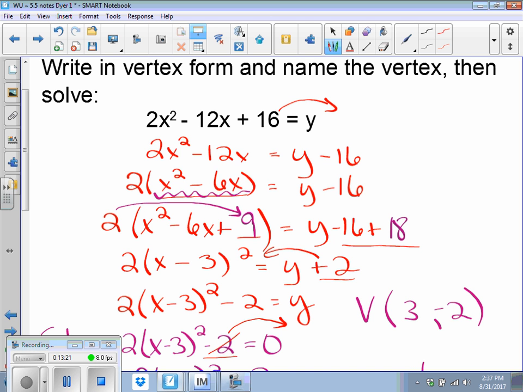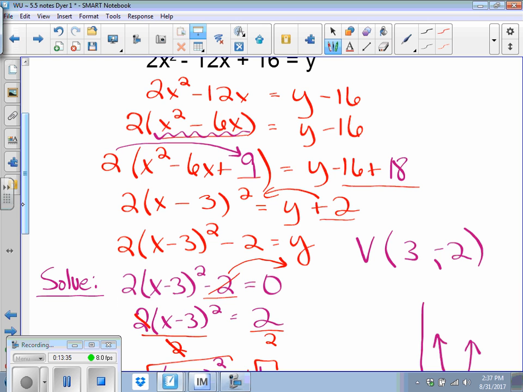So you'll put plus blank, and then on the other side, that doesn't change. Take half of b and square it, add it there. So before you add it to the other side, multiply it by what you factored out. Write your binomial squared, move things back over, and name the vertex. Okay?